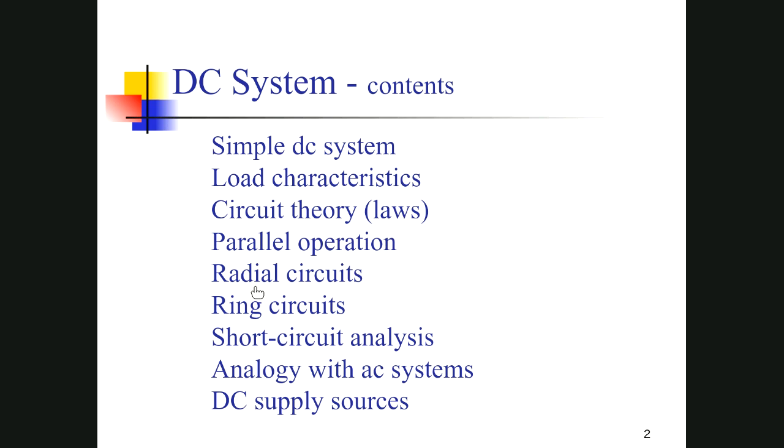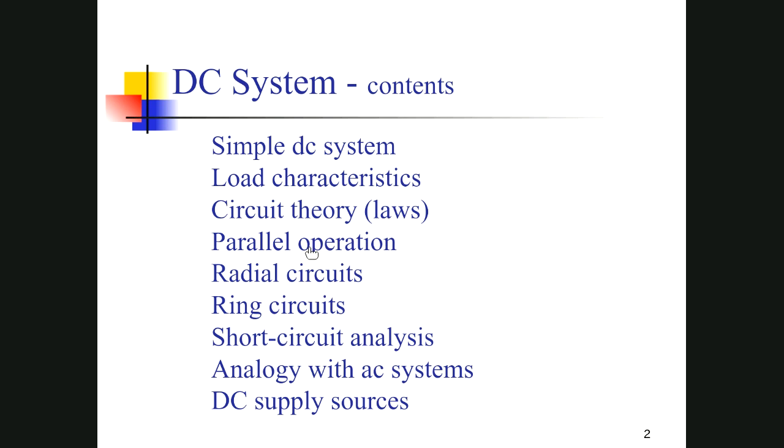Sometimes we supply electricity to users using so-called radial circuits. Most electricity is supplied in a radial circuit way. We will talk about the characteristics of the performance of radial circuits.